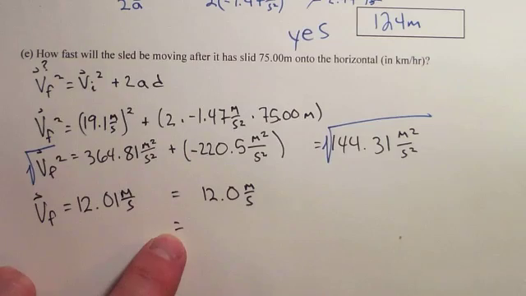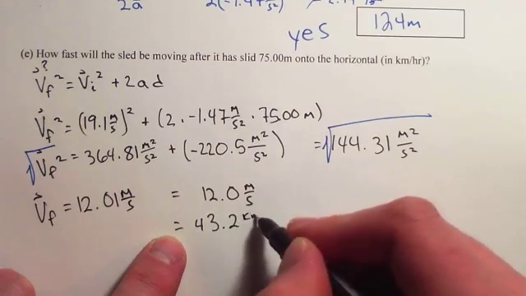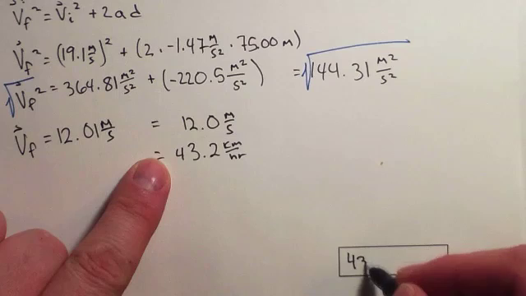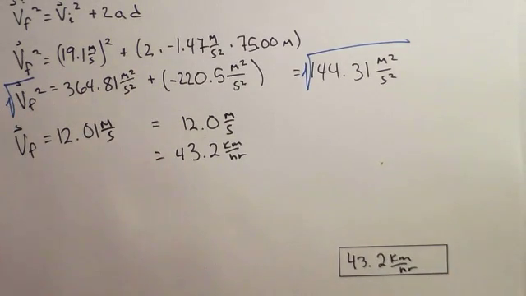And converting, multiplying by 3.6 gives me 43.2 kilometers per hour. So 43.2 kilometers per hour when he hit the car.